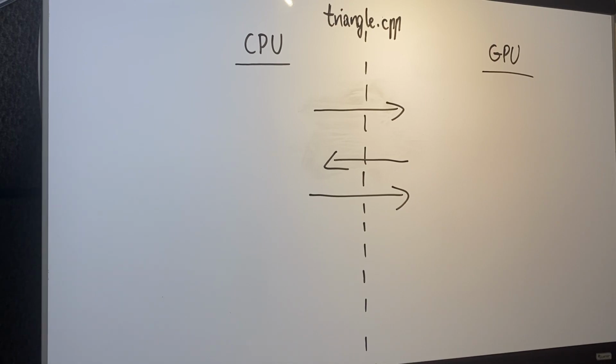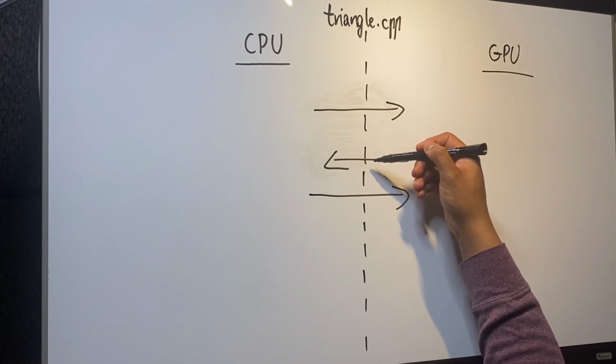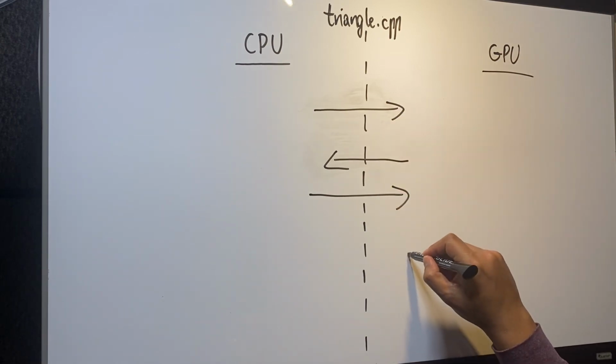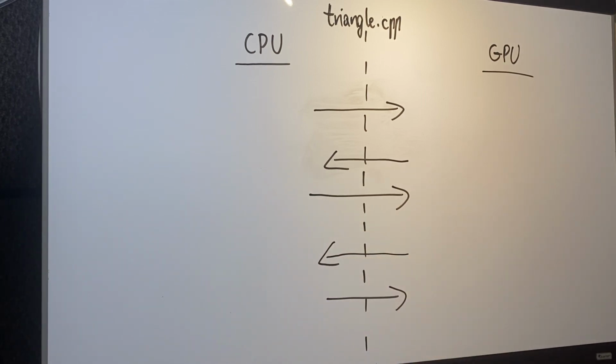So I submit, I wait for the response that it's complete, and I submit again, and then I wait for another response, and then I might submit again, okay? And so on and so forth. So this whole relationship here is managed by a fence, which I've discussed in my previous videos. So it's not too much of a surprise, okay?